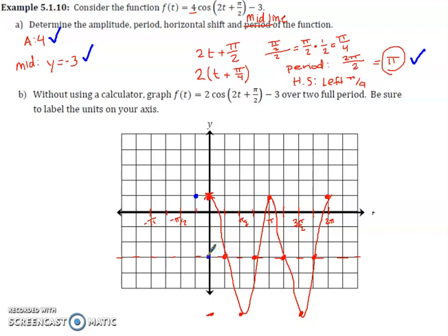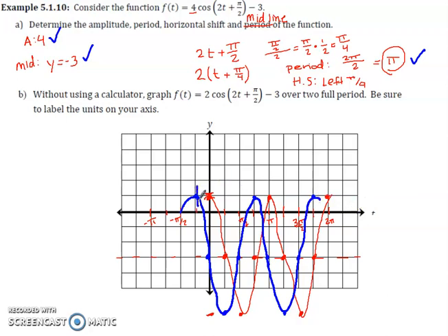So I take this point on my midline, 1 to the left, my minimum, 1 to the left, or in other words, pi over 4 to the left, pi over 4 to the left, and pi over 4 to the left. And then graphing my function, I hit my maximum, cross through my midline, hit my minimum, cross through my midline, my max, midline, my minimum, midline, and then my maximum.